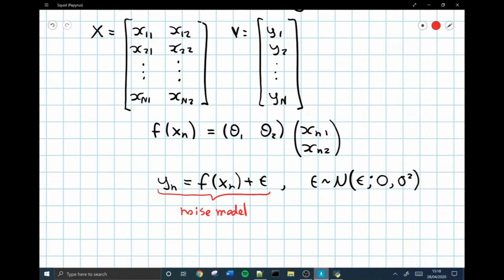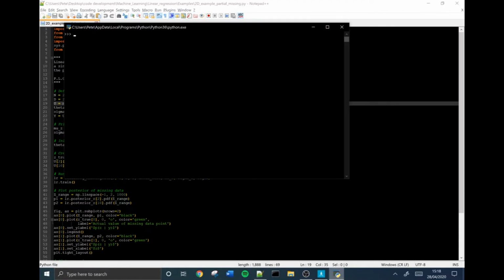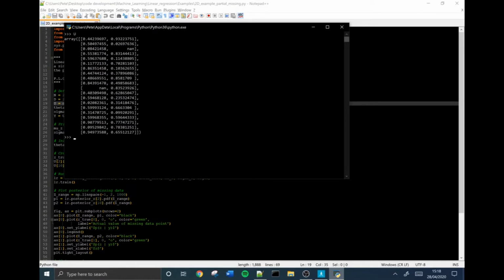And then we say, well, what happens if some of these inputs are missing? Let's say the sensor broke or something, and so we don't have this input, and perhaps some others are missing too. As an example, we've got some Python code here where we've got some 2D inputs, which are shown here.